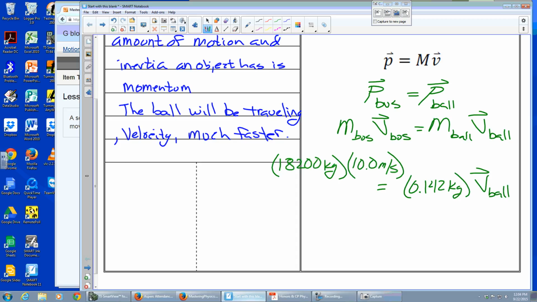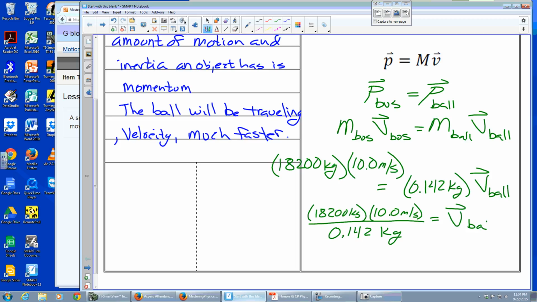So I would rearrange that. So I have 18,200 kilograms times 10 meters per second. Divide both sides by 0.142 kilograms because I want to get the velocity of the ball by itself.